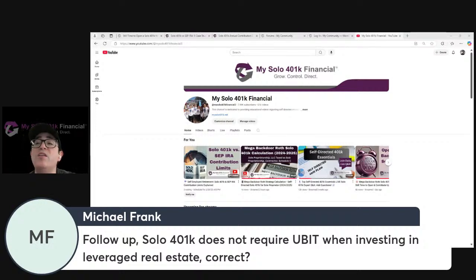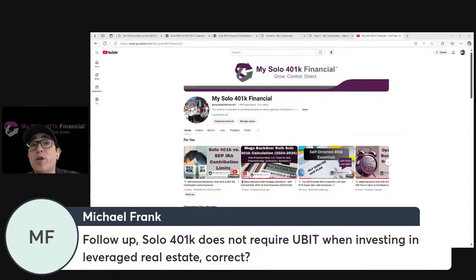The unrelated debt finance income tax applies when you have a leveraged investment inside of a retirement account. So for example, real estate, right? If someone wants to use their retirement money together with debt to invest in real estate, it's possible to do that, provided that the debt is non-recourse financing. In other words, the lender's only recourse is the property, right?